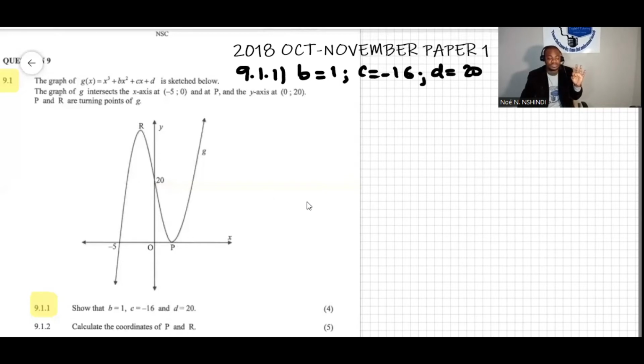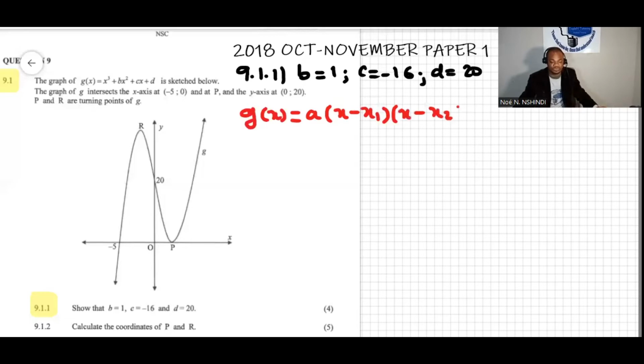Now, in this situation, because we have only 2 intercepts, it means the function can be written in intercept form like this. g of x would be a, open brackets, x minus x1, close brackets, open brackets, x minus x2, to the power of 2.